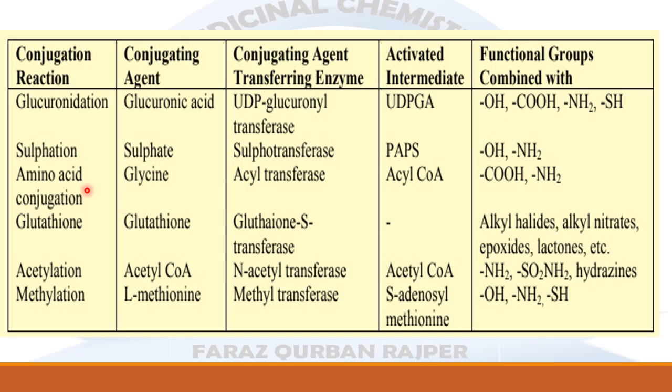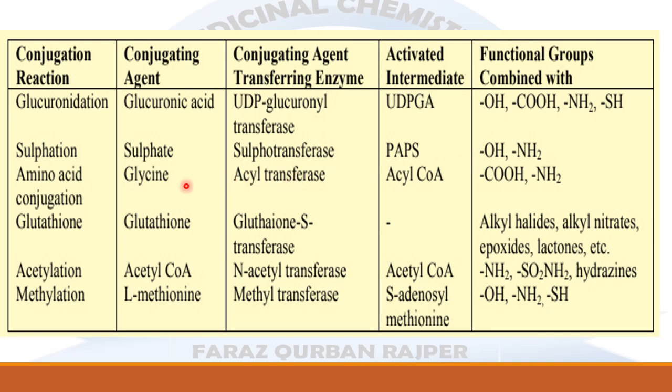The sulfate, amino acid and glutathione conjugation will occur with the help of sulfate, glycine and glutathione conjugating molecules by the help of sulfotransferase, acyl transferase or glutathione transferase enzyme. And the activated intermediates are acyl coenzyme and PAPS. Like we have discussed, sulfate conjugation will occur where hydroxyl and NH2 amino groups are present.